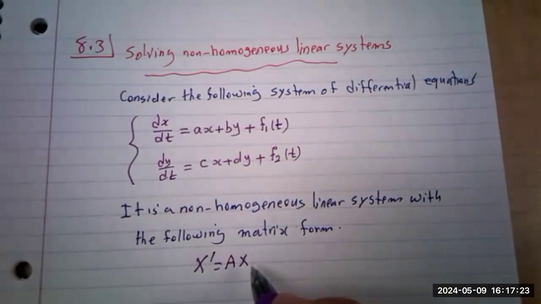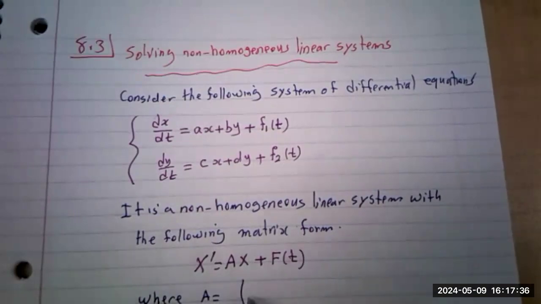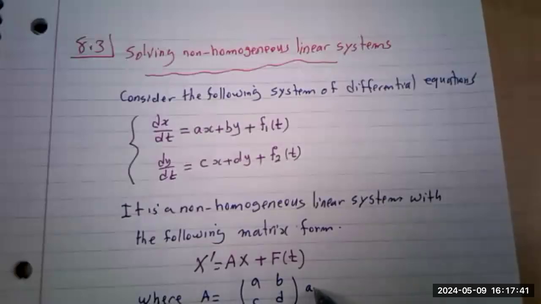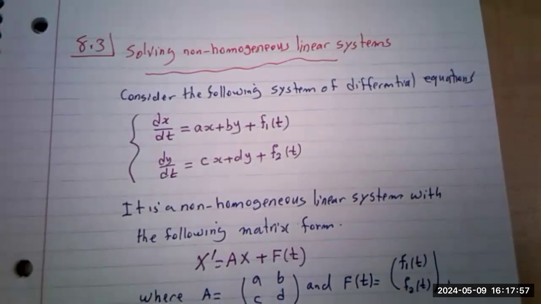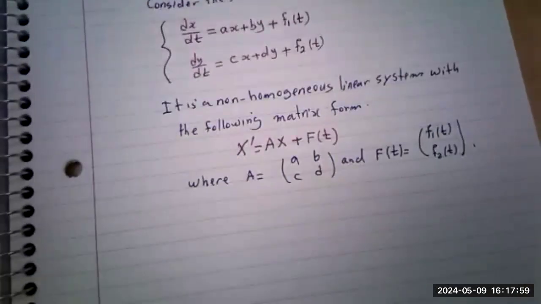Now we have a new term, which will be denoted by f of t, where A is the matrix of the coefficients, A, B, C, D. And f of t is going to be a column vector, with entries f1 of t and f2 of t.